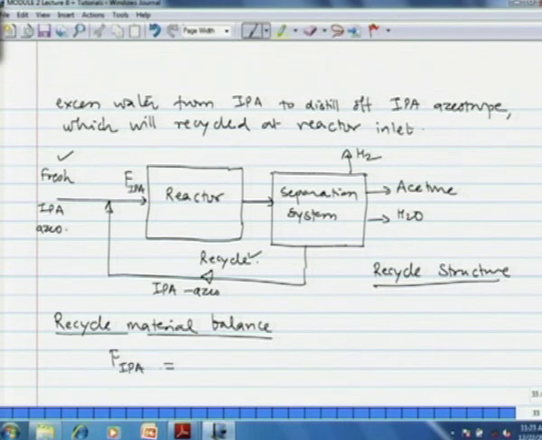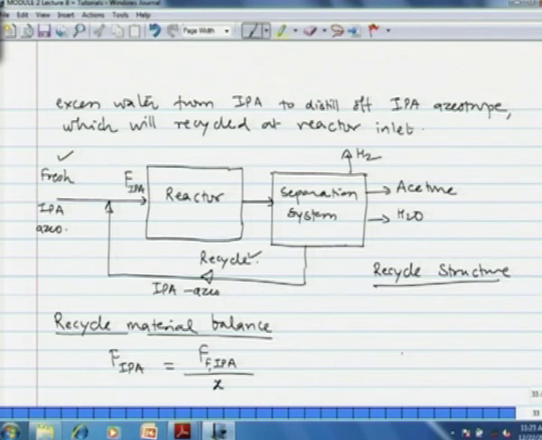FIPA is equal to the fresh feed IPA divided by the conversion. Now, this is a relation that we have used earlier in case of HDA process as well. So, this directly applies in the present case. Okay. Then we can easily, if we substitute all the values that we have, FIPA, the total feed of IPA should be 100 divided by 0.8, which is a per pass conversion, and that is 125 mole per hour.